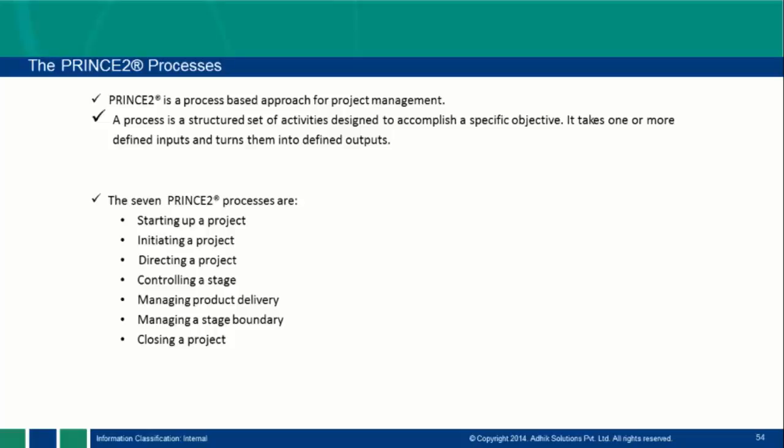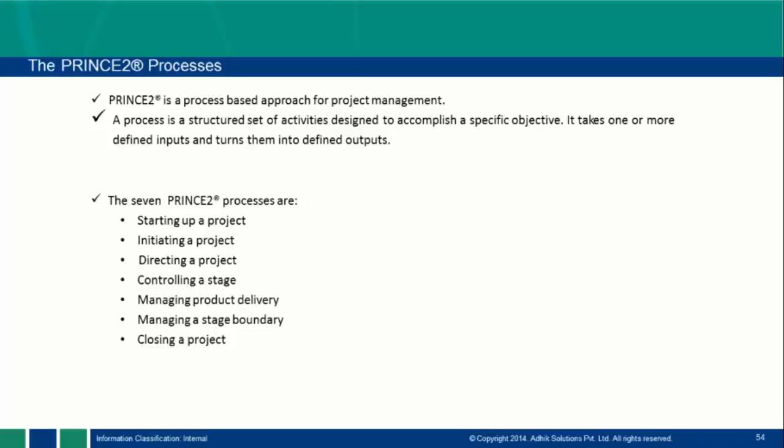For all the processes in PMP, we will see, for example, if I have one process, develop project charter, that is the first initiating process. For that process, what inputs are required, what tools and techniques we will use, and what output we will get.